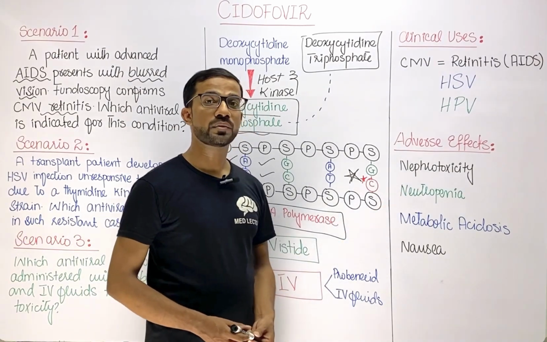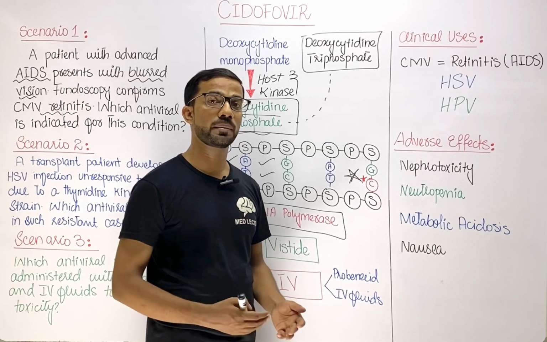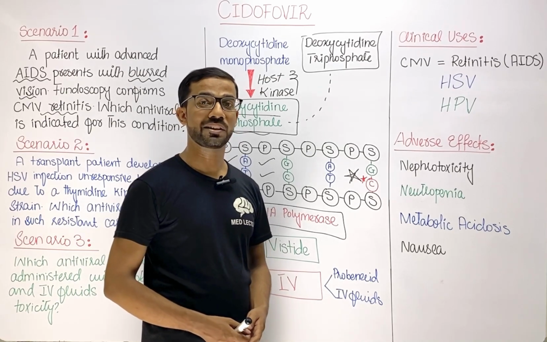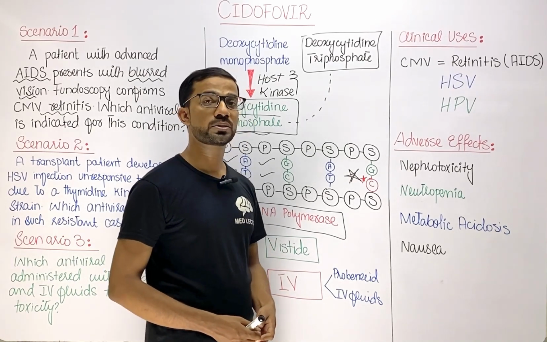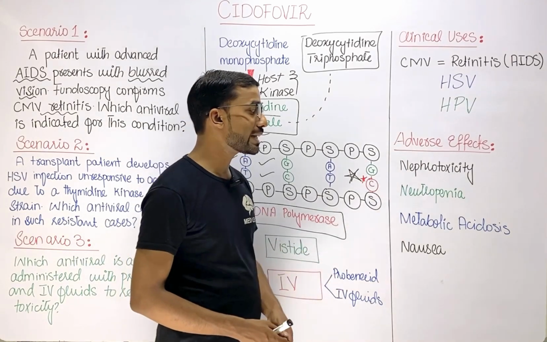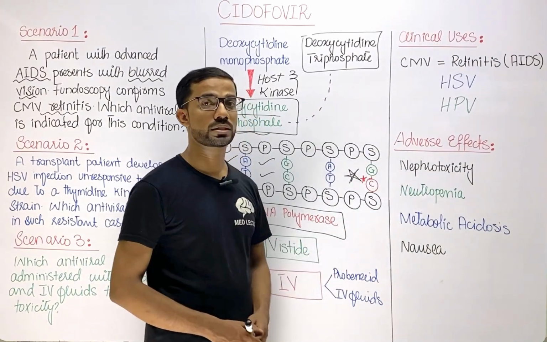Neutropenia, a reduction in neutrophils, means your patient can get different infections due to the reduced immune system. Metabolic acidosis, and you can also see nausea.